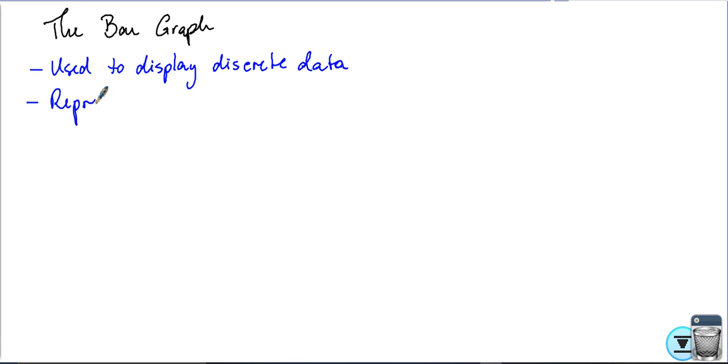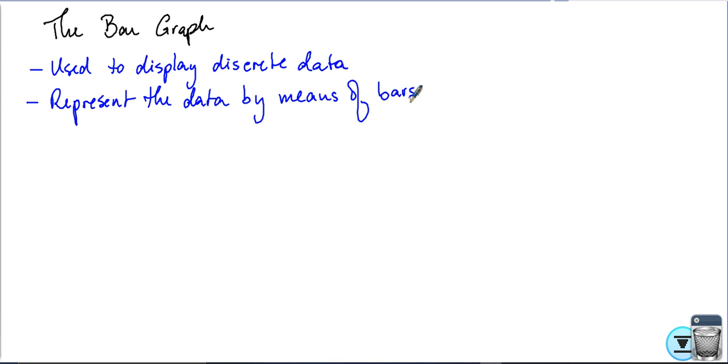As we have already said, the bar graph is used to display discrete data. Since the data is discrete, we're going to represent the data by means of bars, and since it is discrete, the bars should not touch each other.